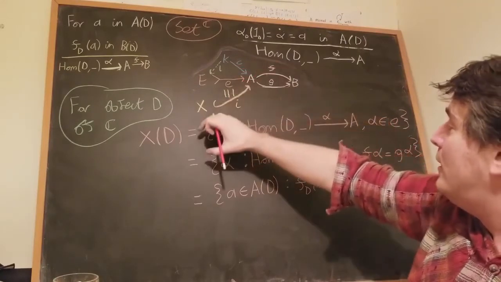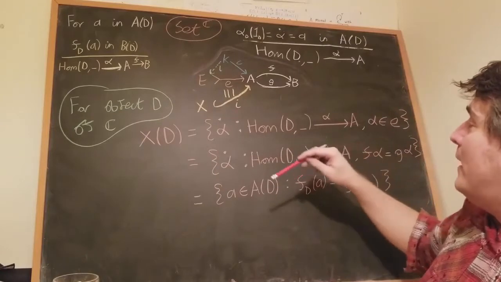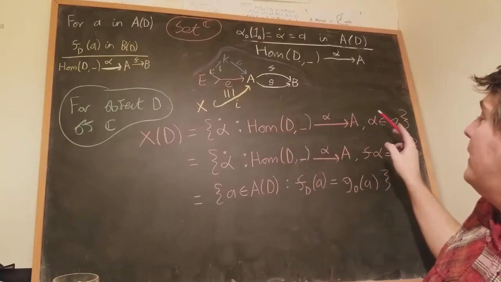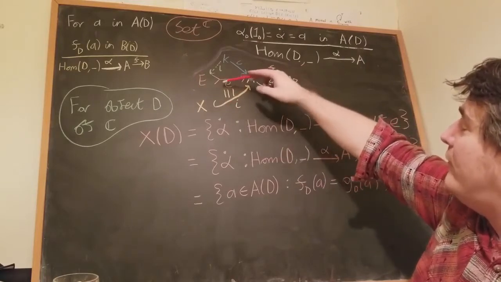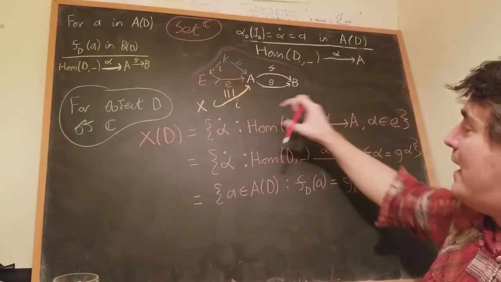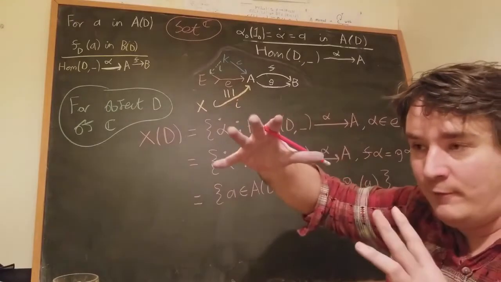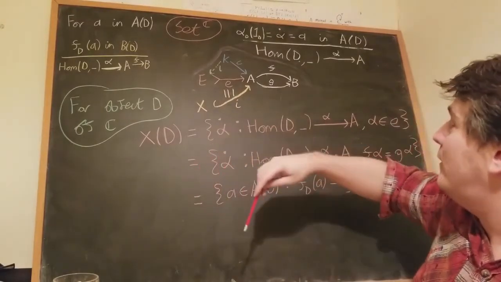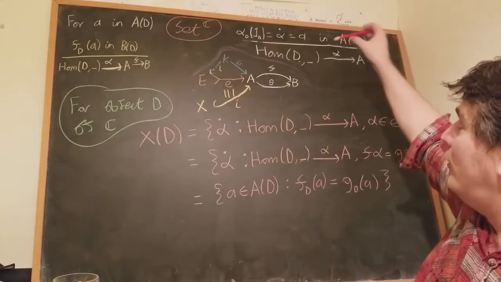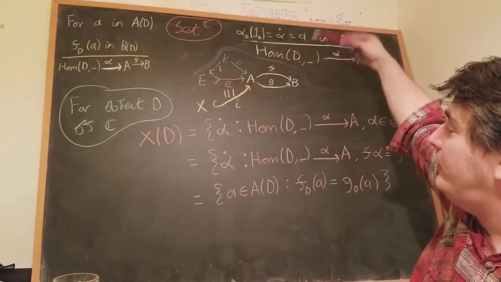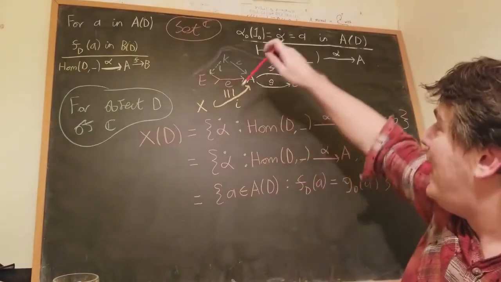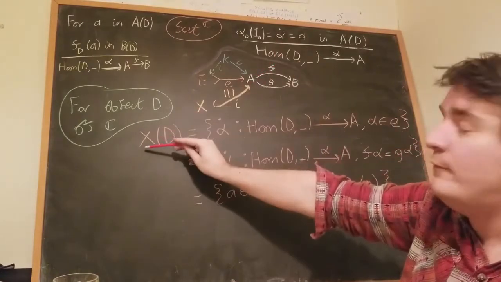So in other words, if we look at the arrows alpha from Hom(d, -) to the target of e, and we find all of those arrows alpha which are in e, and then we find the elements of A of d which correspond to those arrows, then that's going to be a subset of A of d, and that's what we call x of d.